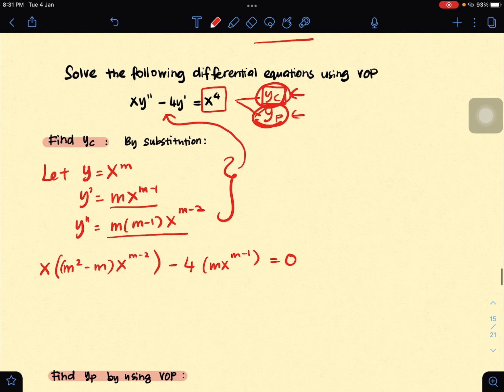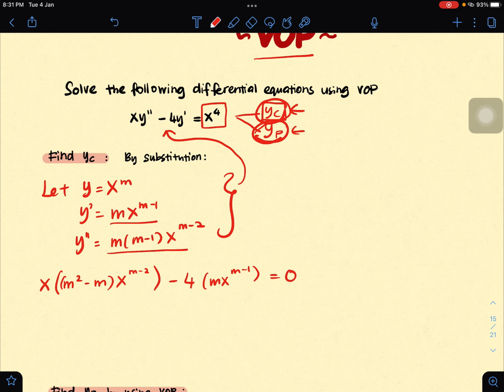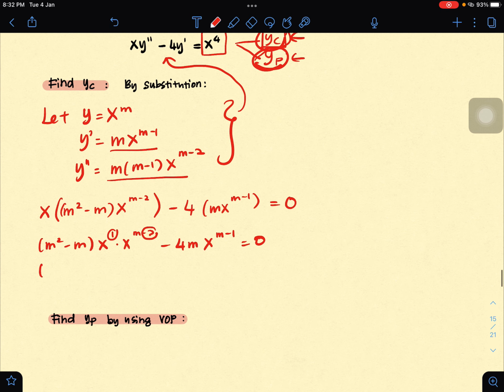So what we have here is m square minus m x to the power of 1 darab dengan x to the power of m minus 2, minus 4m x to the power of m minus 1 equal to 0. So you have 1 minus 2 is minus 1. So what you have here is m square minus m x to the power of m minus 1, minus 4m x to the power of m minus 1 equal to 0.